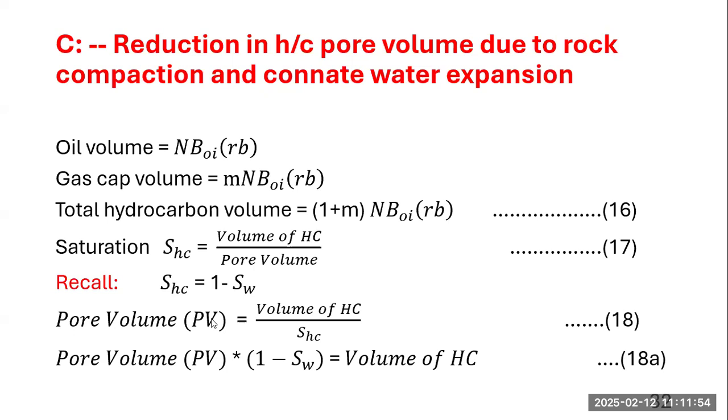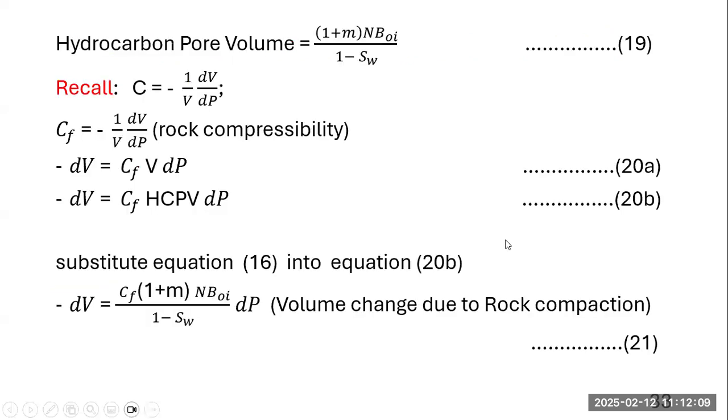Because saturation of hydrocarbon is 1 minus SW, your pore volume multiplied by 1 minus SW is the volume of your hydrocarbon. So let's go on. Don't forget that we are trying to estimate C. We've done A, B, and now we are on C.